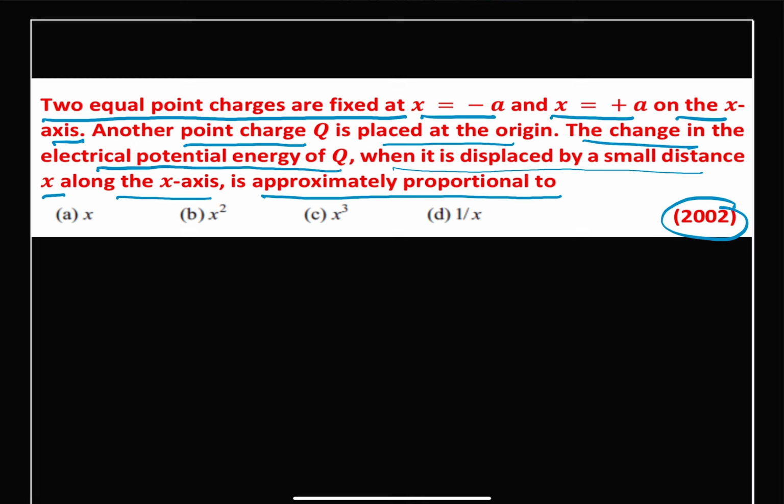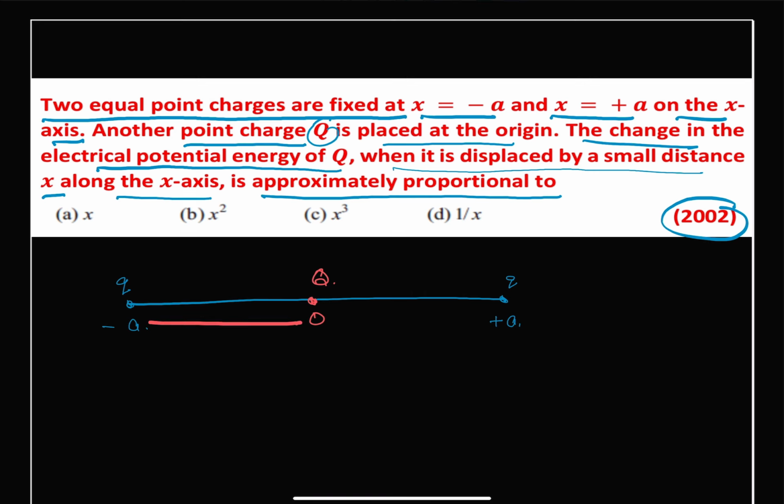So we can just draw the approximate figure for that, and the coordinates of these two equal charges. Let us suppose this is our Q placed at minus A, and this is our other charge Q placed at plus A, and we have capital Q which is placed at the origin.